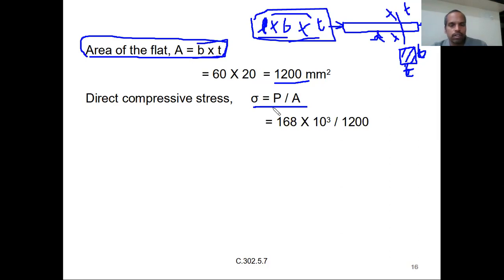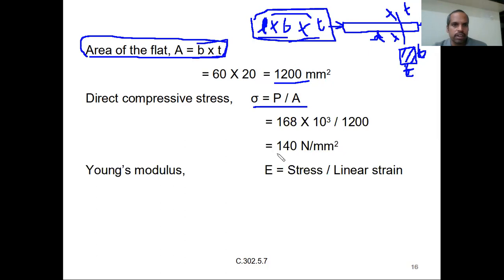Direct compressive stress is equal to load by area. Now, Young's modulus, what is the Young's modulus formula? Young's modulus is equal to stress by strain. Stress by what strain?